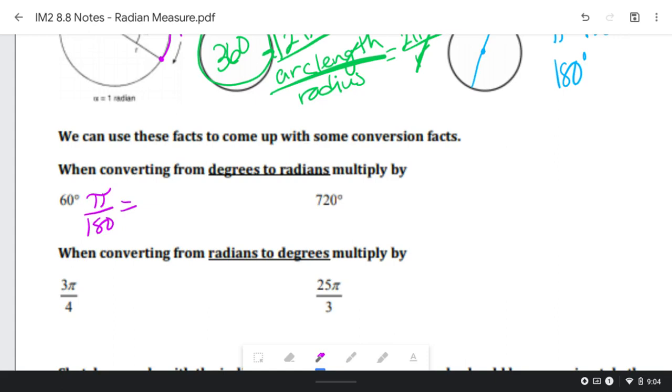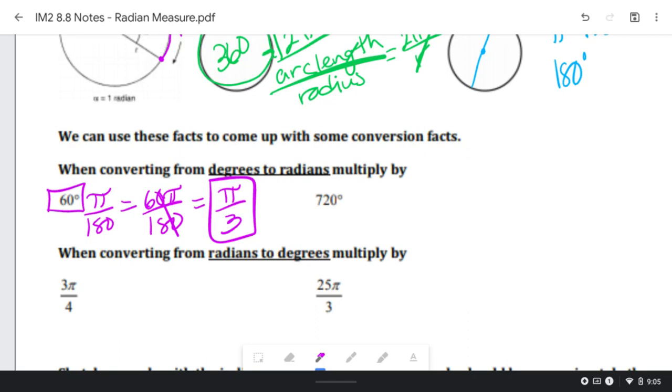Pi is 180 degrees. So we have 60 pi over 180. The zeros cancel out, and then you get 6 over 18, which you can reduce by 6, and that becomes pi over 3. So 60 degrees, if you turn that into radians, that's pi over 3.